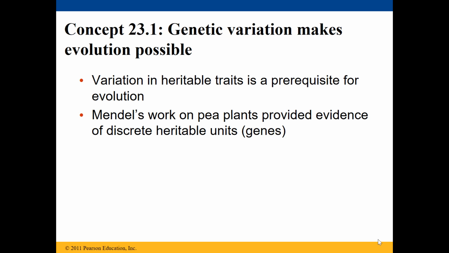Well, it depends on how many copies of it they have. Sexually reproducing organisms tend to have two copies of the genome. If you have two copies of the same version of the gene, you have to pass at least one of them to your offspring. That doesn't mean it's going to be expressed in your offspring, because it could be masked by something else.